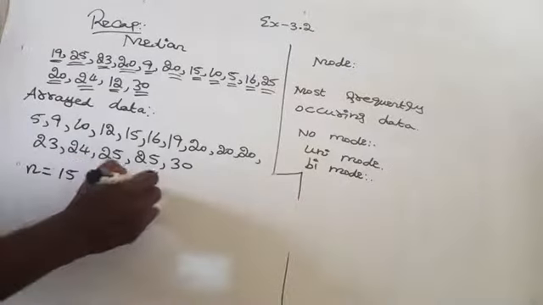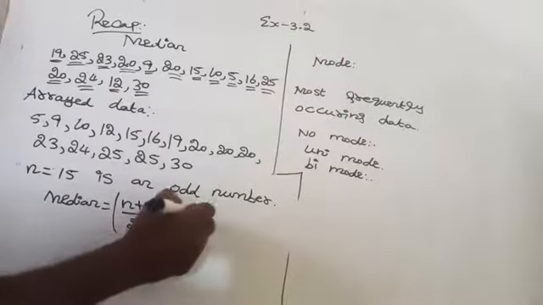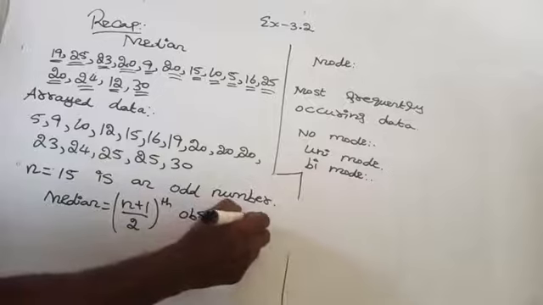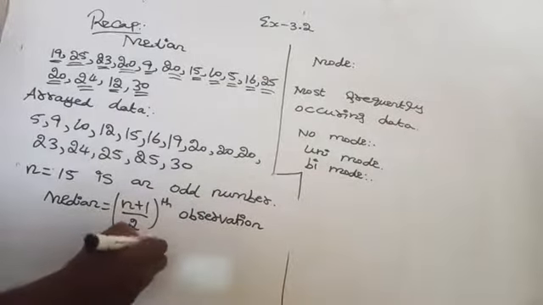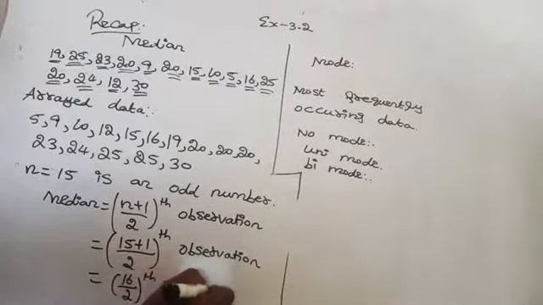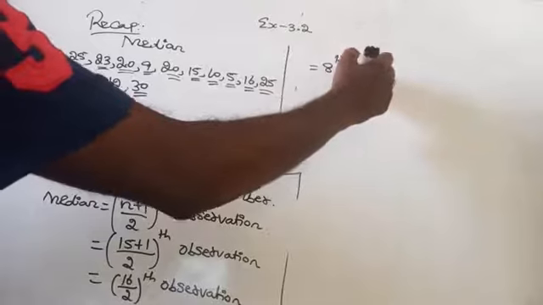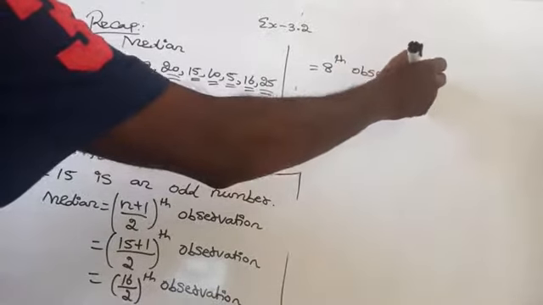So 15 is an odd number, then median is equal to the (n plus 1) by 2th observation after arranging in ascending or descending order. n is 15, so (15 plus 1) by 2th observation. 15 plus 1 is 16, 16 by 2 is nothing but the 8th observation in the arranged data.